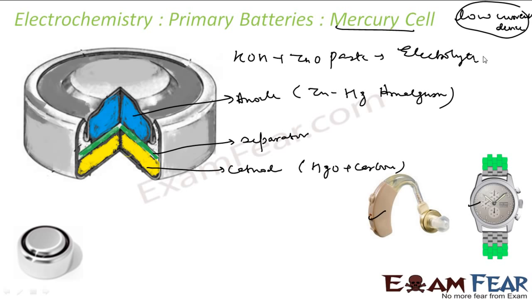So if you see the reaction at the anode, I have zinc and mercury amalgam, right? This Zn Hg amalgam reacts with HgO, that is solid, to give ZnO plus Hg.